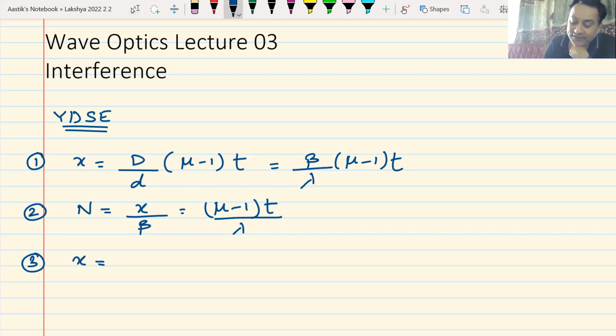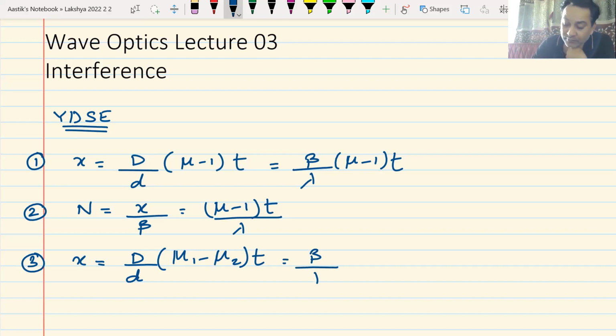The formula is x equals D by small d into (mu1 minus mu2) times t. Here the slabs have the same thickness but different refractive index. You can also write it as beta by lambda into (mu1 minus mu2) times t.